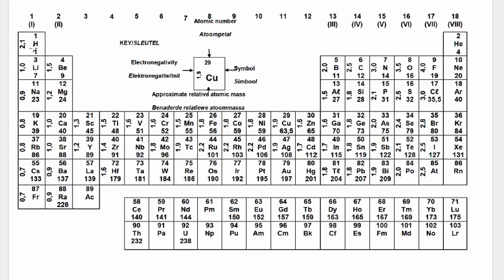Hydrogen is only 2.1. That's his ability to attract electrons. Fluorine is 4, oxygen 3.5, chlorine 3, bromine 2.8. You see 2.5 is getting little now. Nitrogen is still 3.